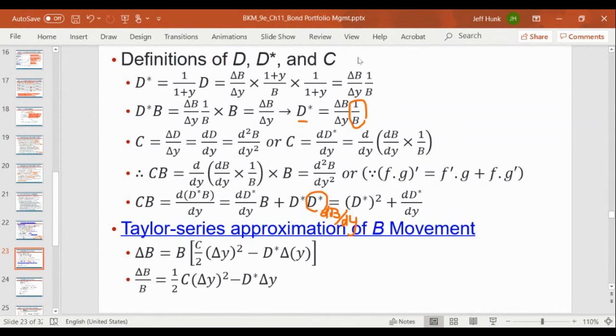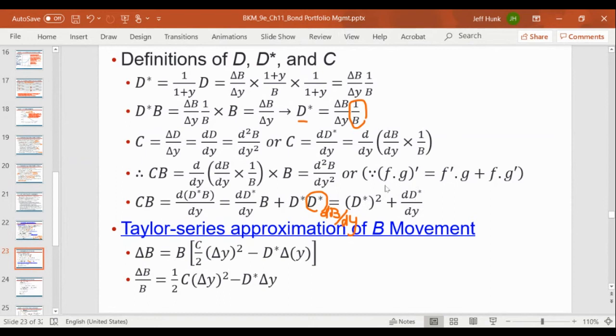And there are many rules, at least if I remember correctly. It's been a while since I did calculus very intensely, more than 25, 30 years ago. But there's one rule in calculus called the product rule.